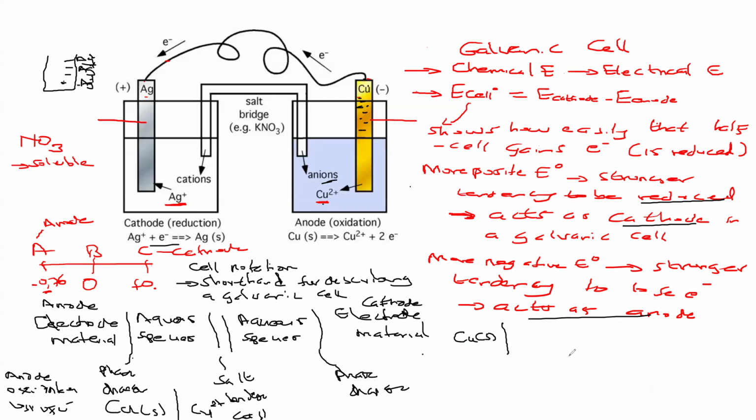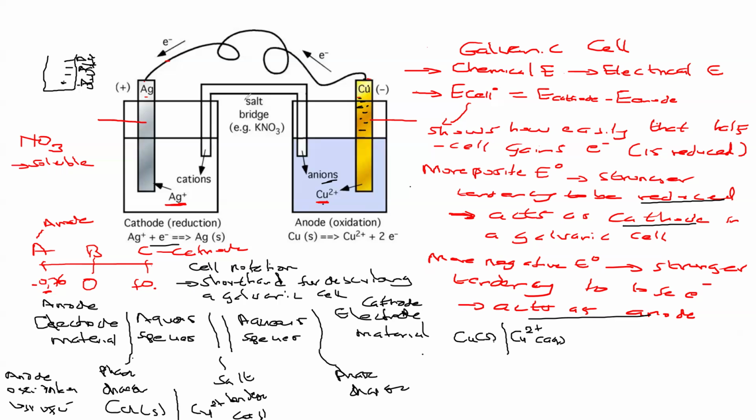So copper is in solid, and then this is a phase change, from solid into aqueous. So we are breaking copper down to give us copper 2 plus ions in aqueous. This is what is happening.